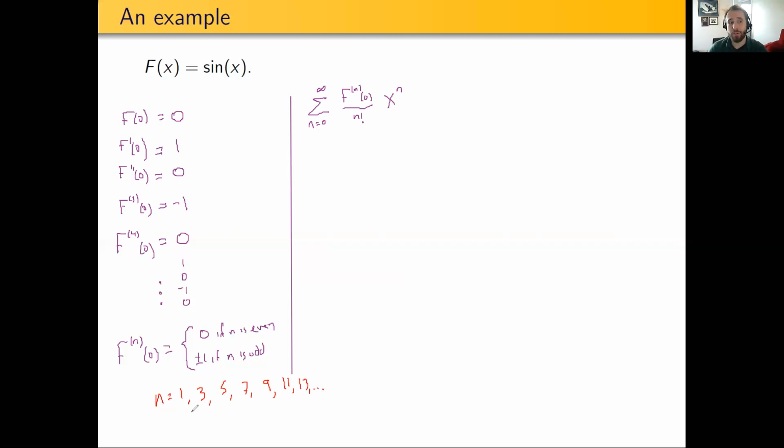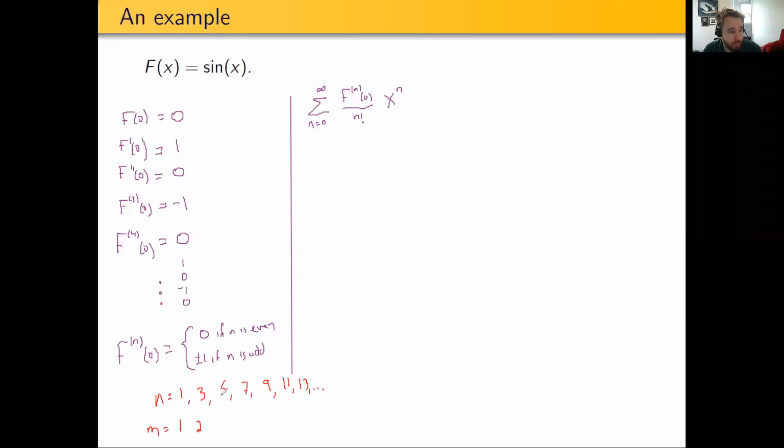And so what I'm going to do is re-index these by a lowercase m. The very first m value that I care about, number 1, could be my value 1 here. The next value that I care about is 3. That could be my second m value, and so on.